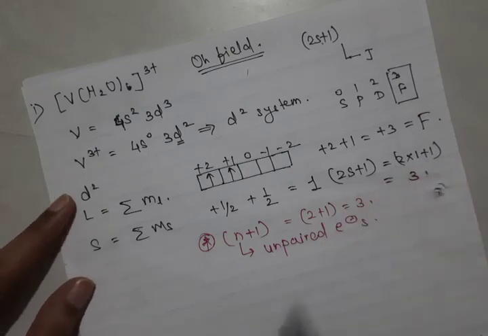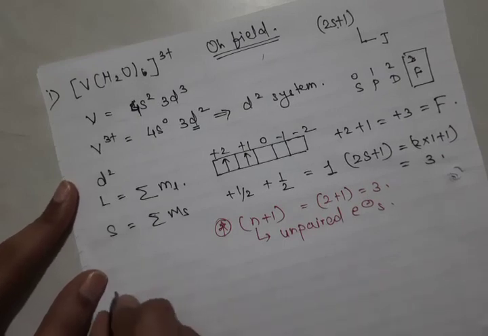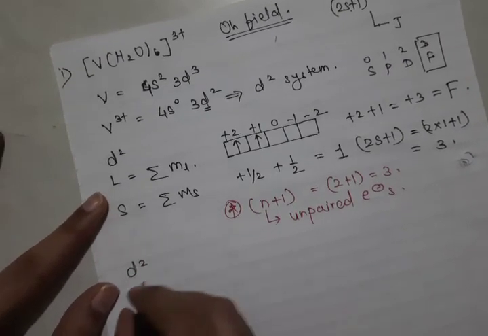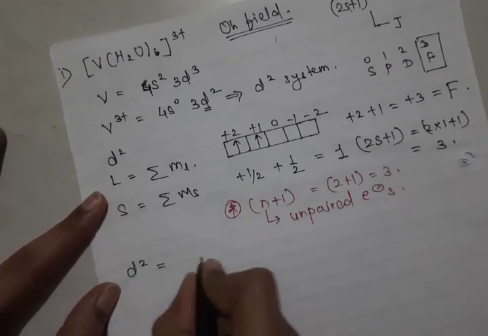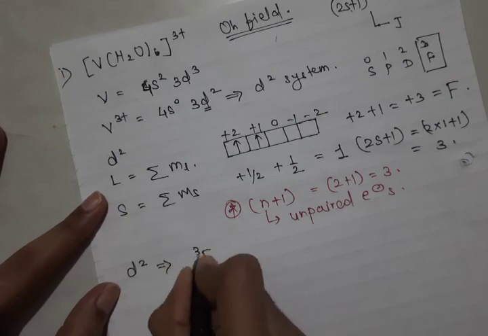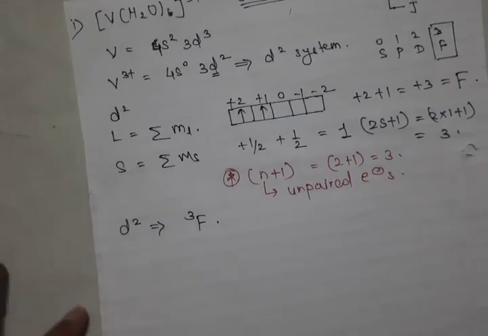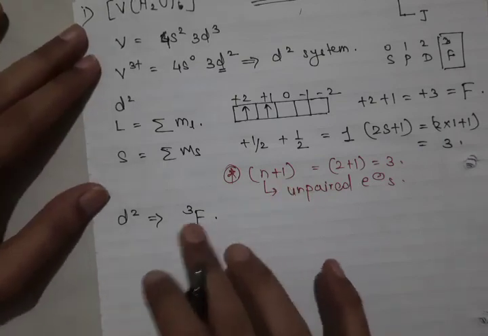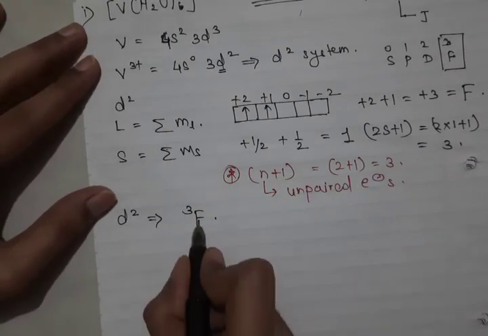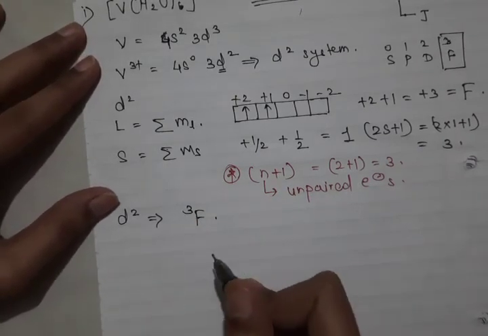Okay. So what is the final term? For D2 electronic configuration, the term is F3. And just now we have seen the splitting of the F term.